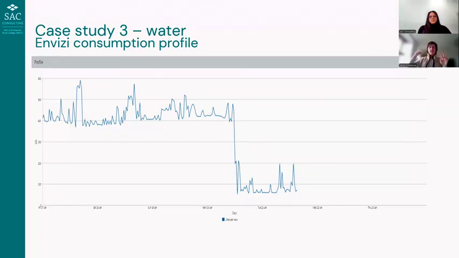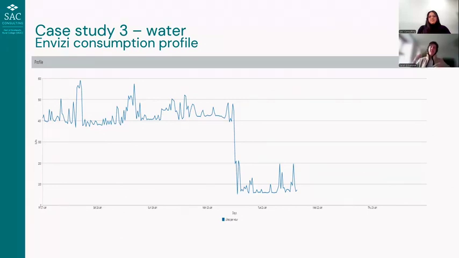There are all these spikes and drops, which pretty much track when the toilets were flushing and when the taps were running, but the consumption just never drops down. What we found is that there were constantly running, flushing toilets in the unit. They've had a historic problem with the plumbing that just wasn't done well. They've always had toilets leaking.